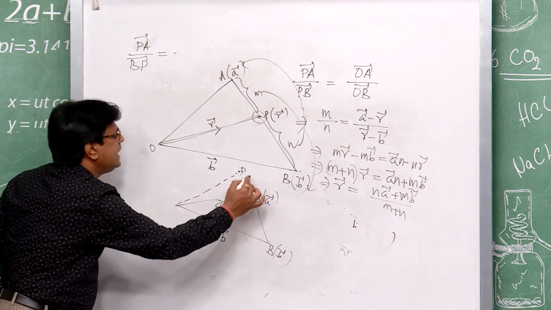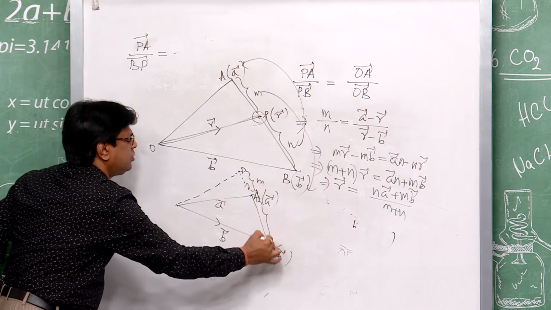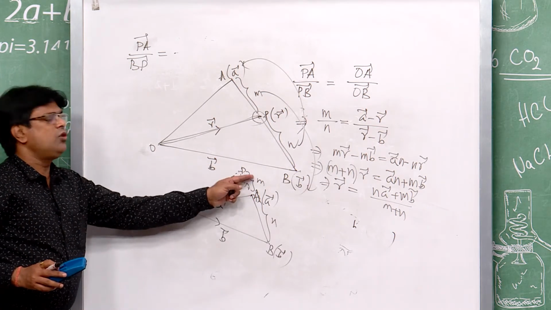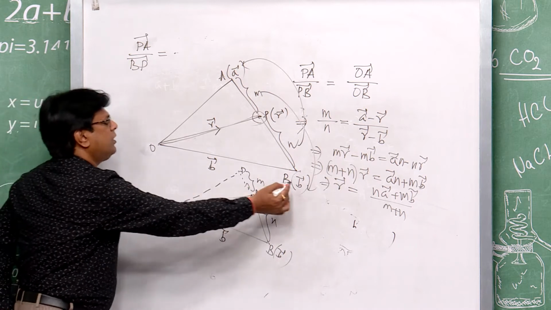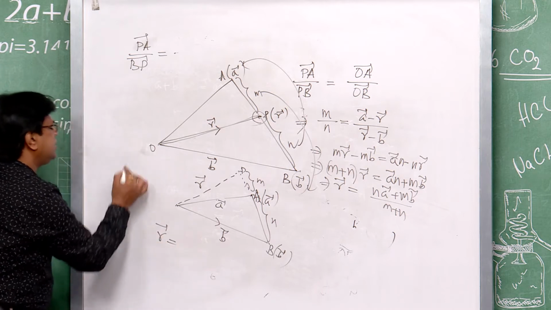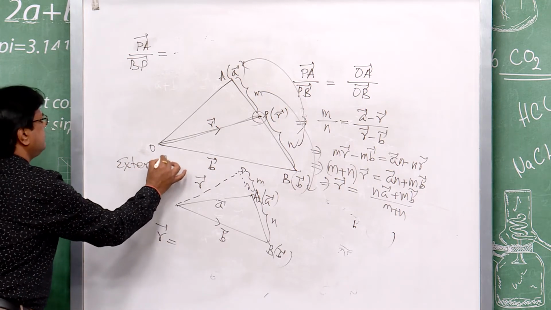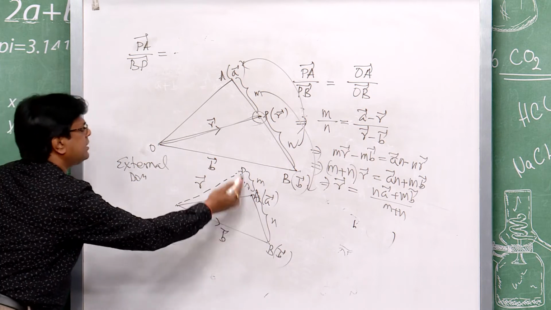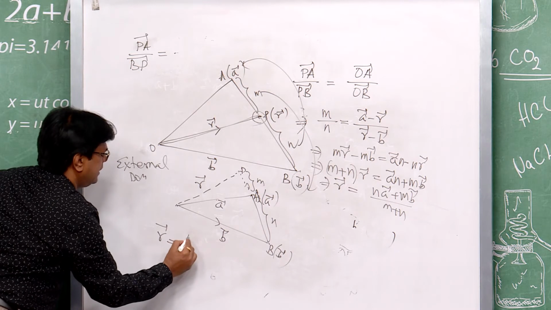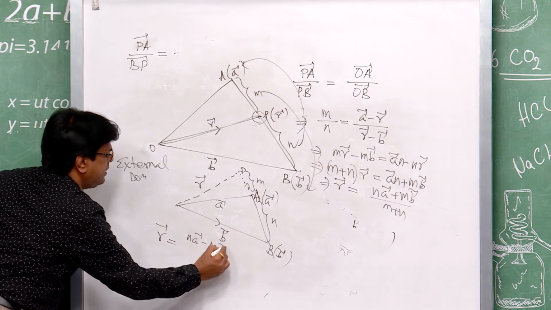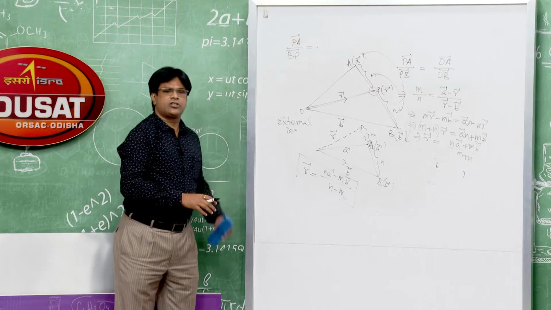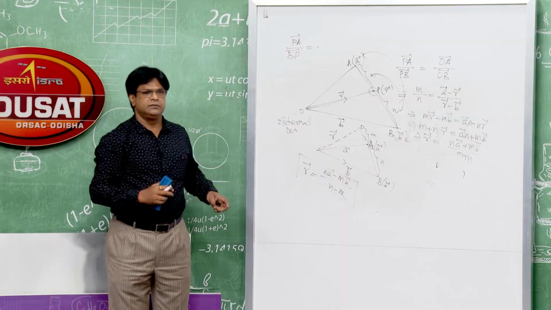So, P divides, lying outside AB, in the ratio m is to n. That means here the r vector becomes m b minus n a divided by m minus n. This is your external division. Okay, fine.